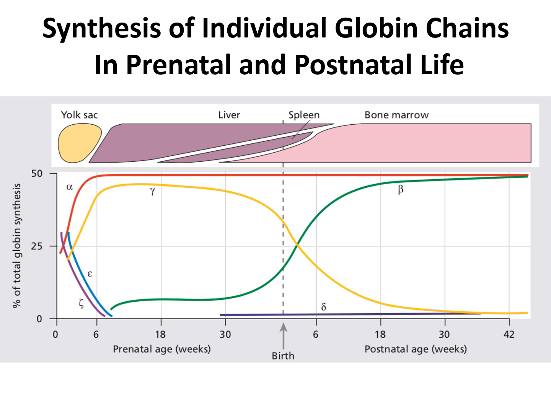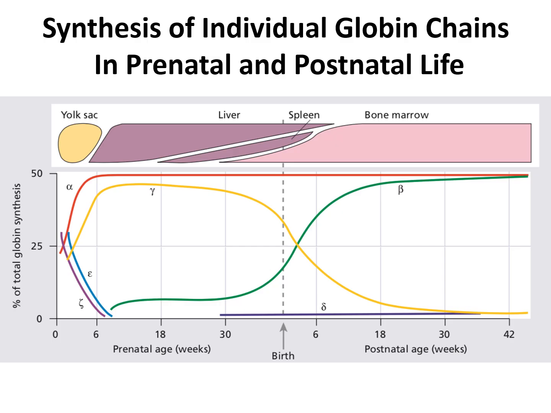After birth, the gamma chain synthesis decreases, and the beta chain synthesis increases, so that in the adult, the main chains that are produced are alpha and beta, thus forming hemoglobin A. Fetal hemoglobin becomes very minimal in adult life.